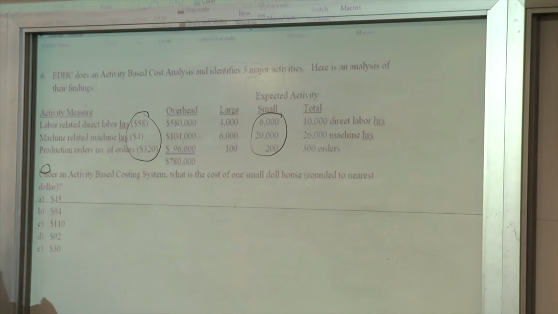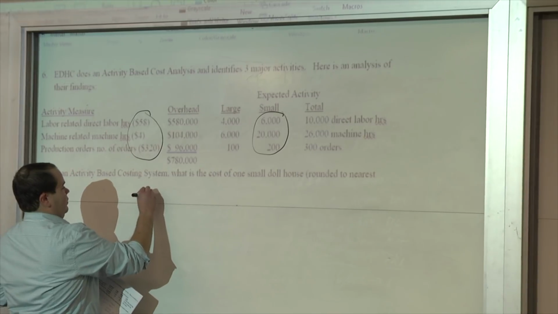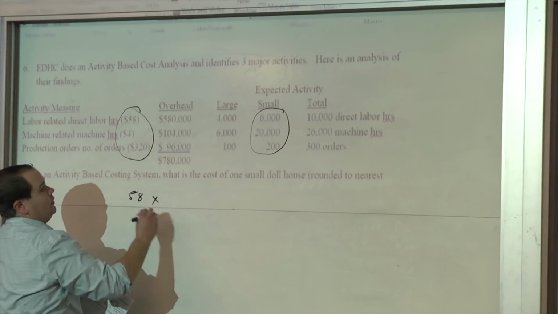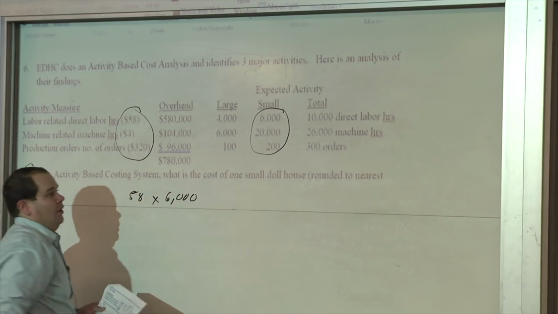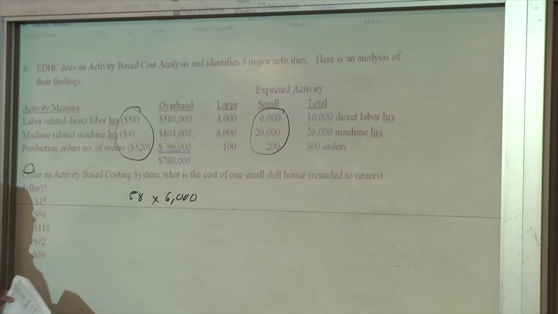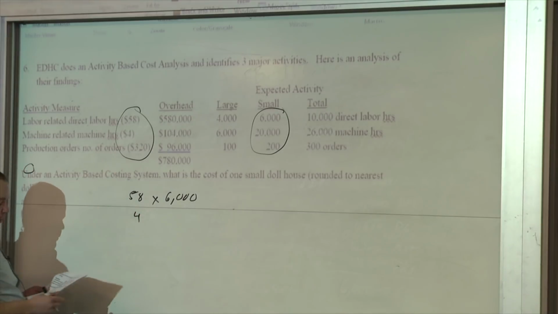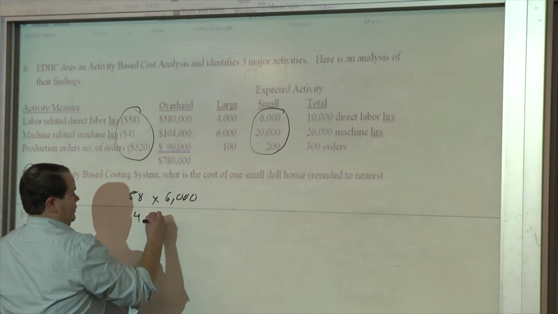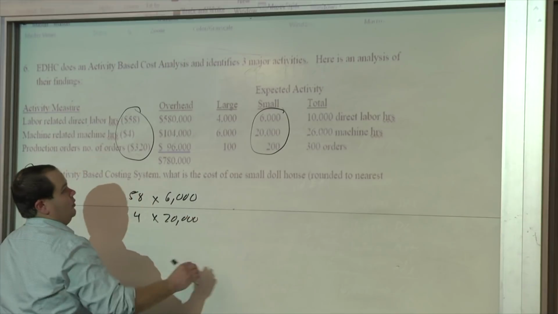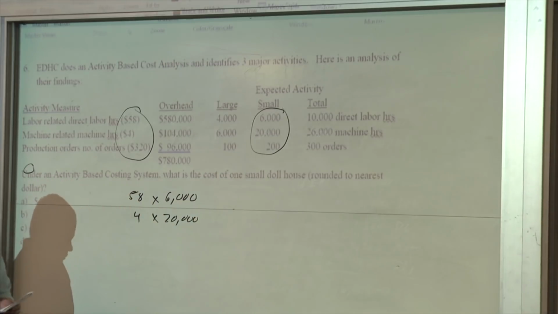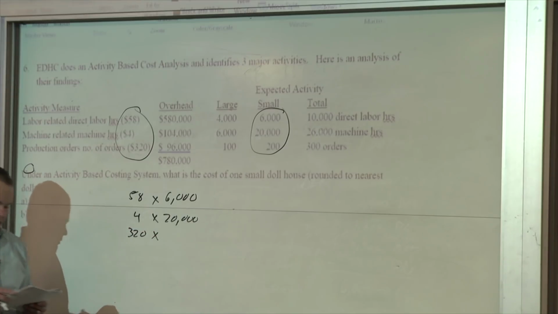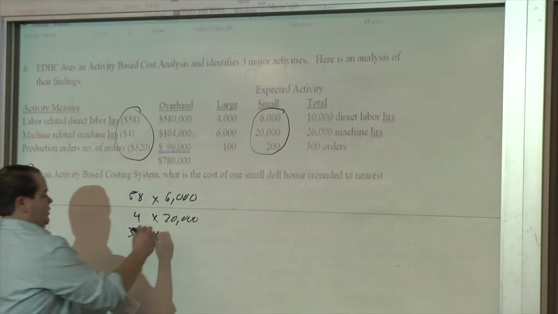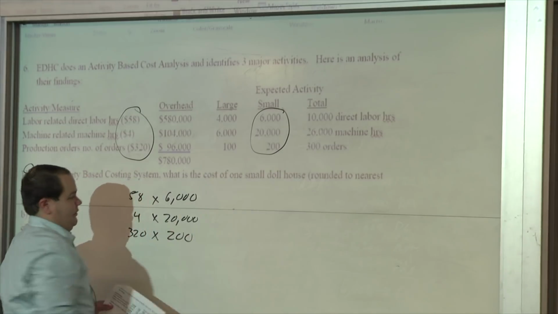So step 1, take that 58 times the 6,000 of activity. We then take the $4, multiply that by the 20,000 in activity, and then take the 320 and multiply that by the 200.